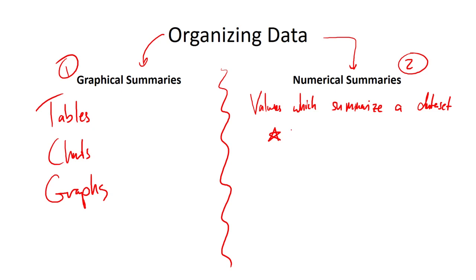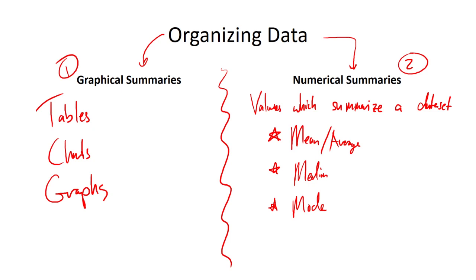Things like the mean or the average, the median, the mode are all examples of numerical summaries because they take a whole lot of numbers and condense them down to one number that means something.